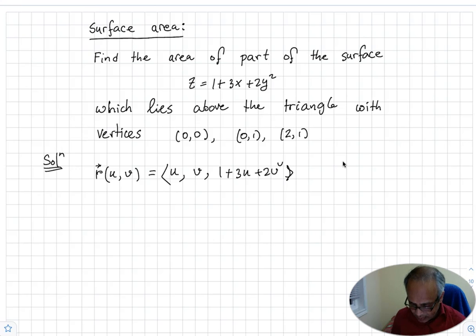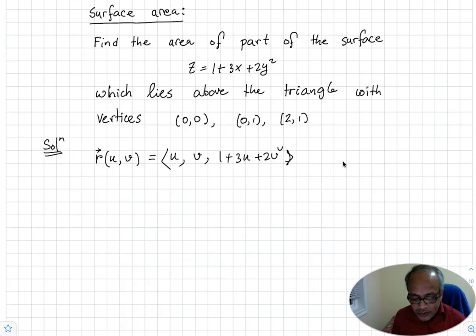Since I now have the vector function of the surface in parametric form, I can differentiate this function with respect to u and with respect to v. So let's first do the differentiation. r sub u is the derivative of r with respect to u. For simplicity I'm going to ignore the vector sign; whether I write the arrow or not, r is a vector.